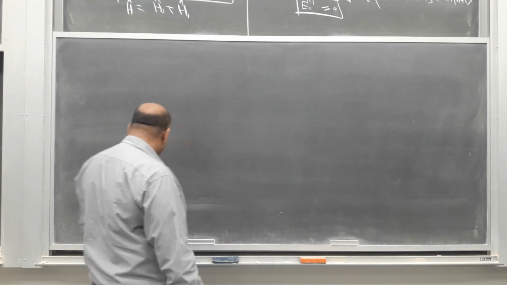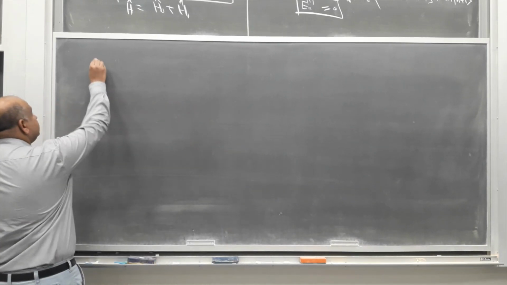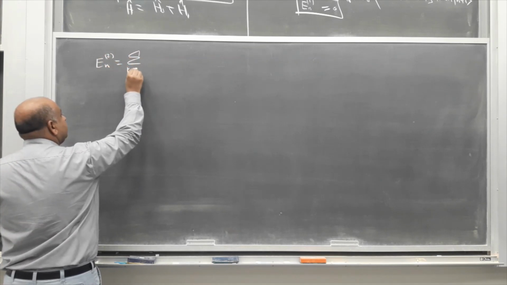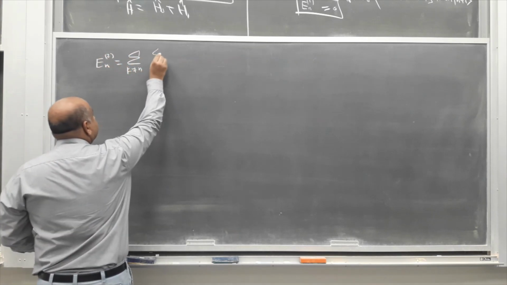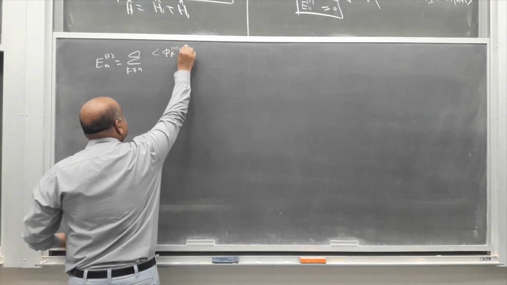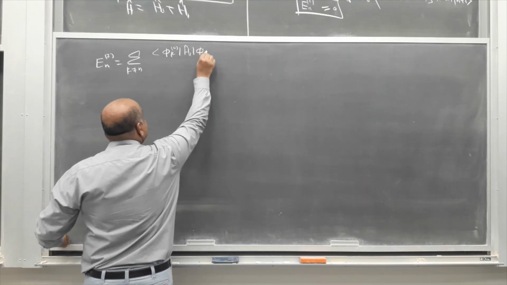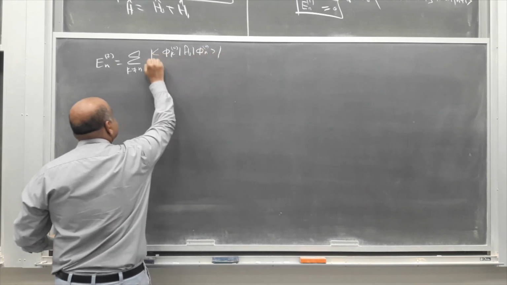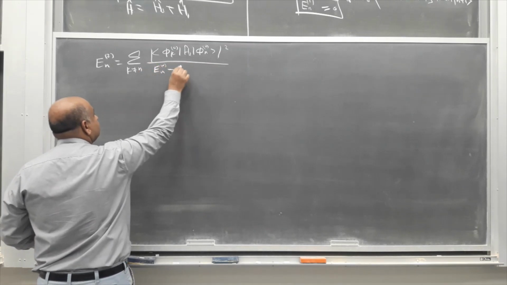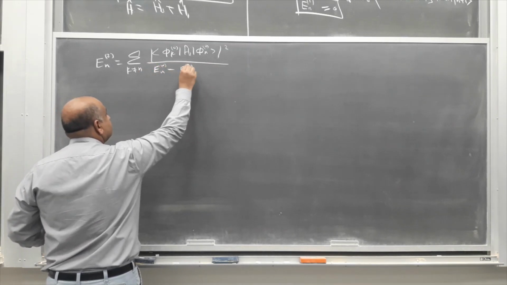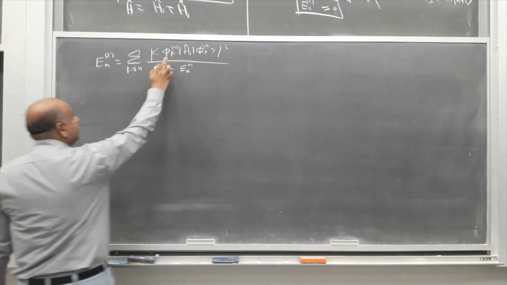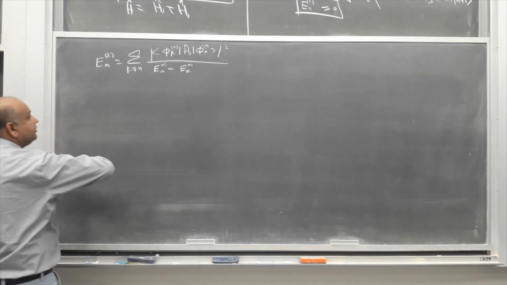Just to recall, the second order correction was the sum over all k other than n of the modulus square of ⟨φ_k^0|H1|φ_n^0⟩ over (E_n^0 minus E_k^0). So let's compute these terms.